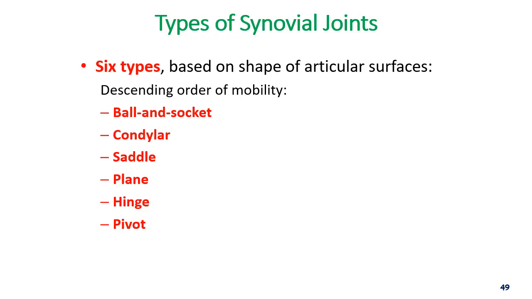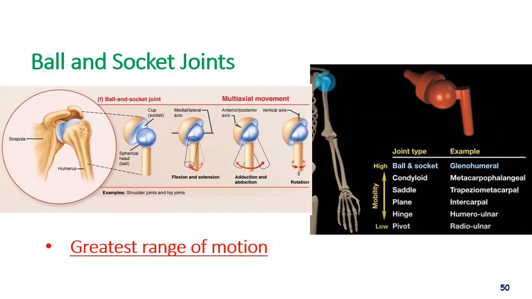All right, so types of synovial joints. Six types. You go from more movement to less movement. So let's look at these types of joints and where you find them. First one here is the ball and socket. That's the one that allows you the greatest range of motion. You're going to find that on your shoulders, at the pectoral girdle, connection with your humerus.